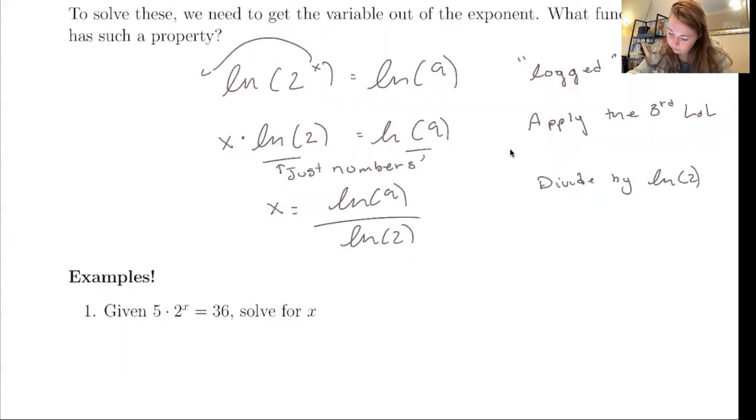So now we have x equal to ln of 9 over ln of 2. And we can actually run over to our calculator. It's on my phone. ln 9 close parentheses divided by ln 2 close parentheses.